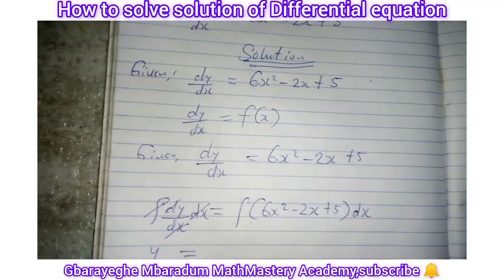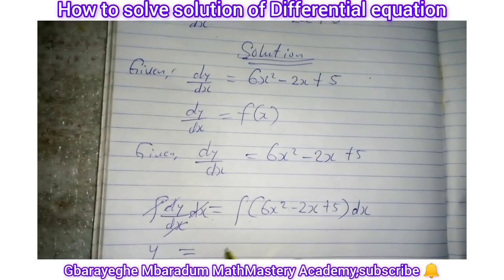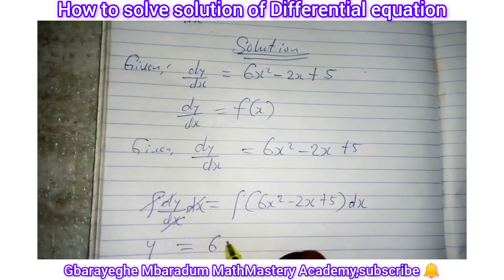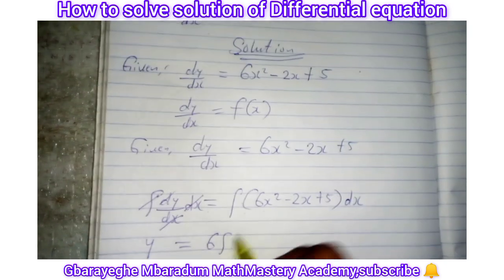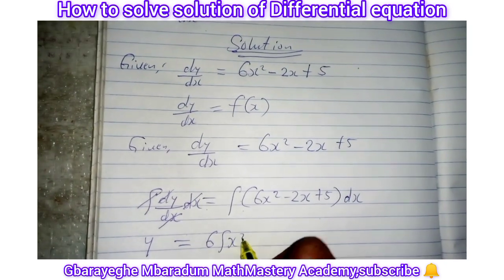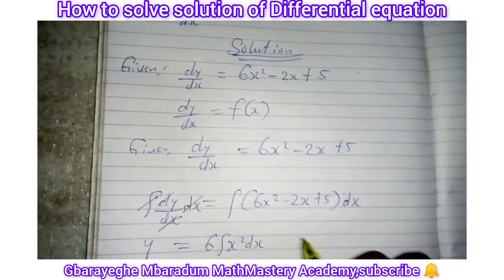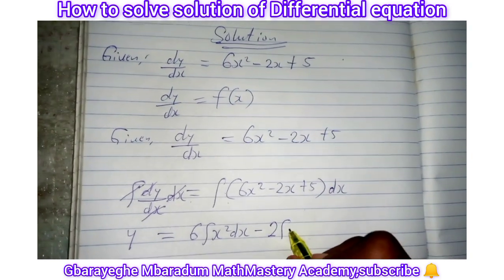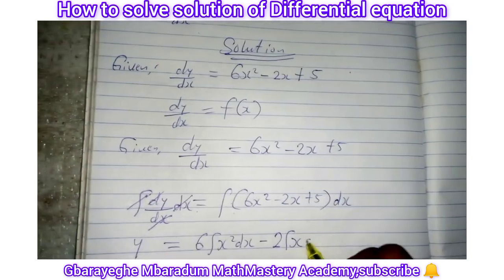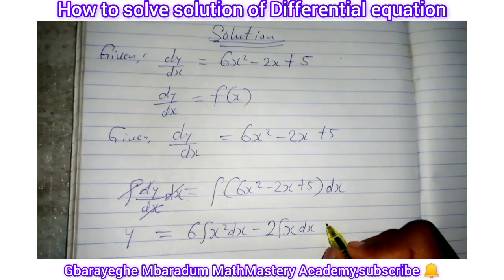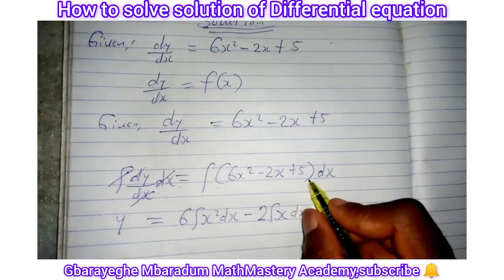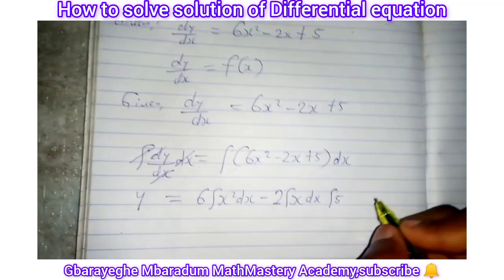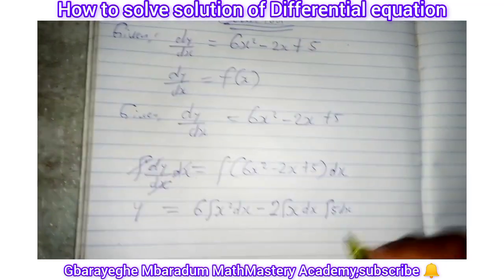So we have our constant 6, we bring it outside, and then you integrate x squared with respect to x, minus, we bring our constant 2 outside, we integrate x with respect to x, then our constant 5, we integrate with respect to x.